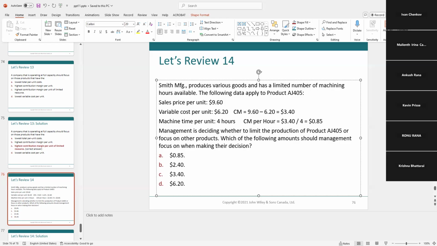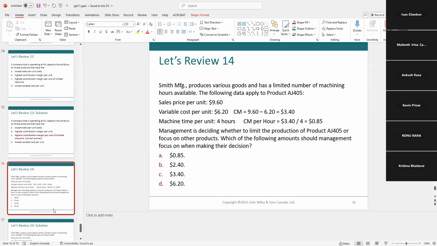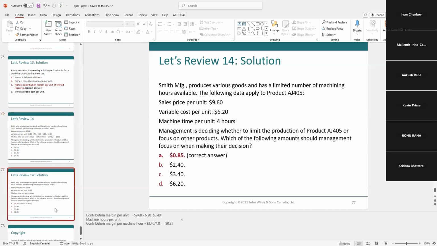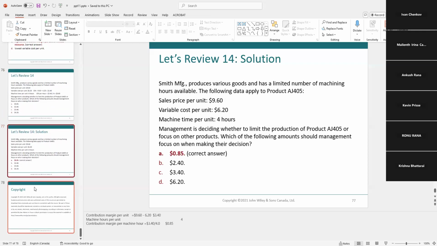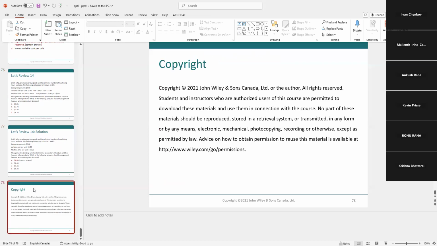Yes. So that's our logical answer here. You're getting the contribution margin within the constraint, and then you're answering the question. That was the slides. So now, where are we going from here?